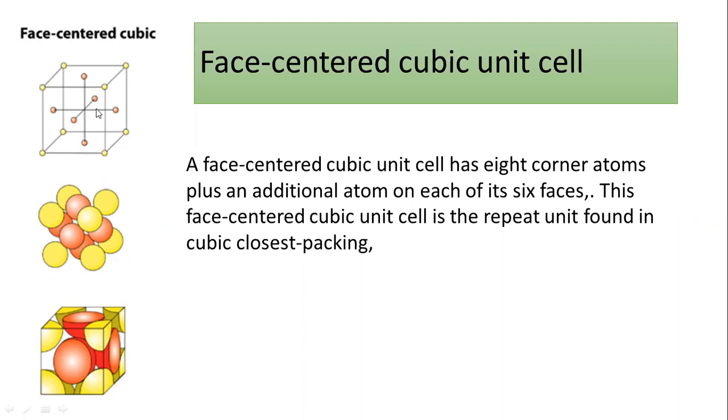Similar to the body centered cubic unit cell, where only one atom is present at the center of the body, in this case the face centered cell has an additional atom on each of its six faces, because there are six faces: one, two, three, four, five, and six. That means four are around, and one above, one below. So there are six faces and eight corners. Due to the eight corners, it is called a cubic unit cell.